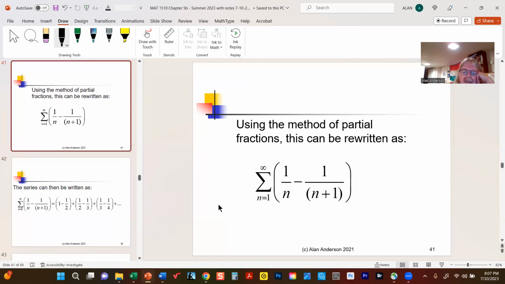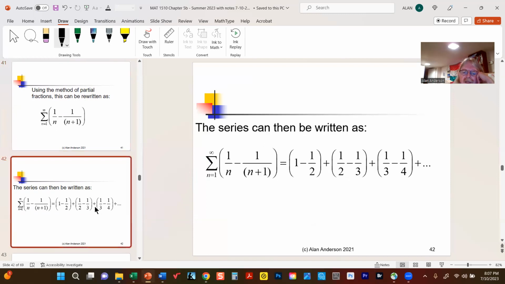And so if that's the case, though, this is what the pattern looks like. So you have 1 for n is 1. One minus 1/2. This is because this is, of course, 1/1.